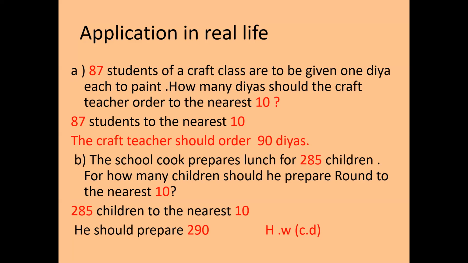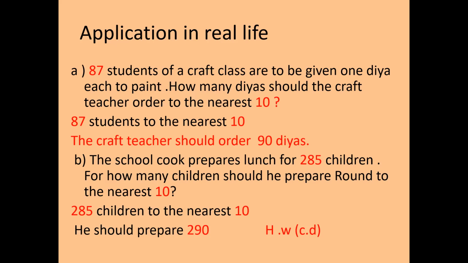So if you want to round to the nearest 10, I told you, you should look at the number in one's place. If the number in one's place is 5 or more than 5, we round up, okay? And yesterday also I explained for you the meaning of round up or down.